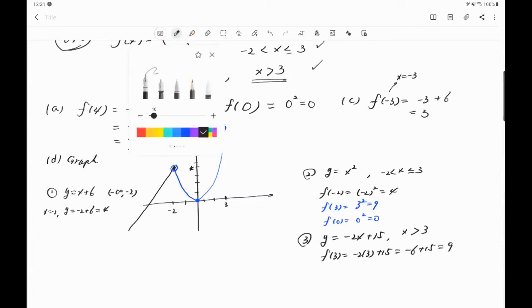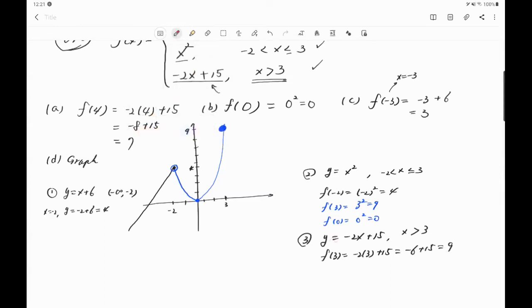Let me use red this time. If x equals 3, then it will be 9. And as x increases, this one goes down. Straight line. So the graph looks like this. This is interval 1, this is interval 2, this is the graph for interval 3.